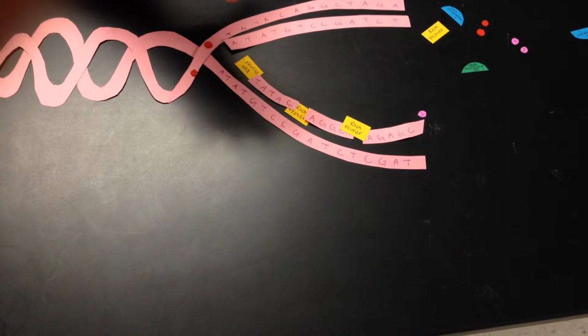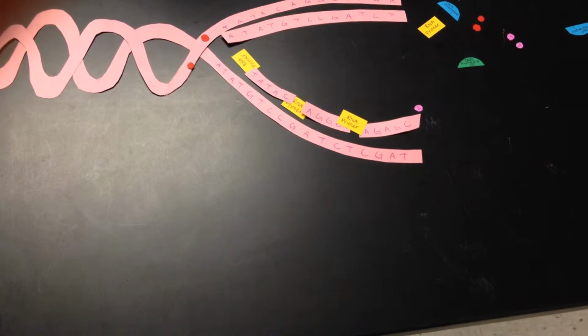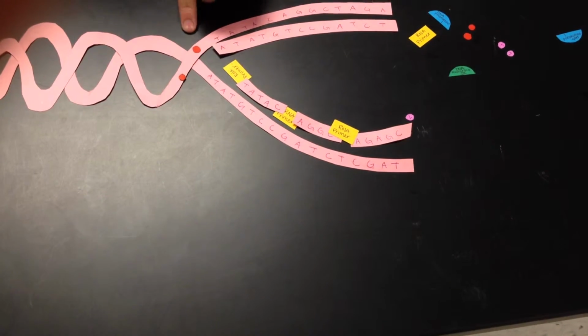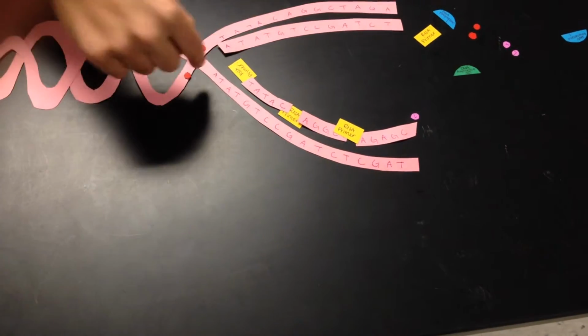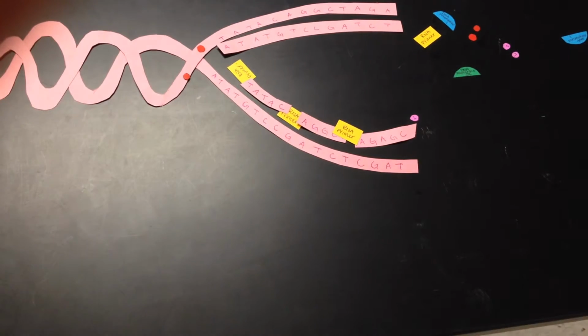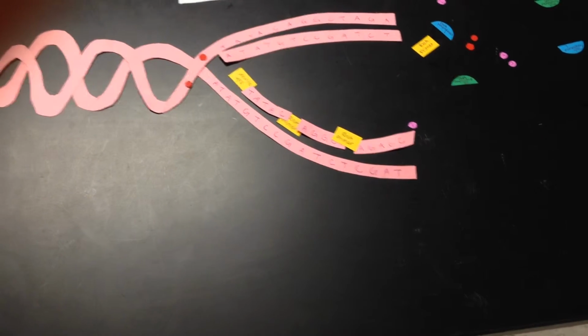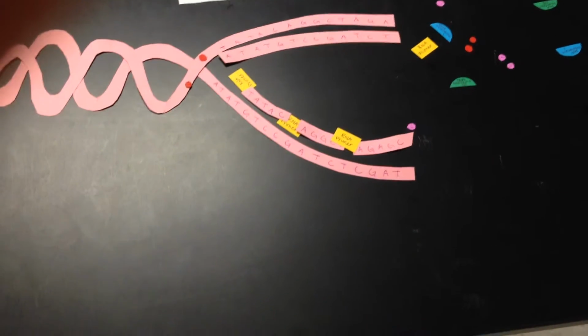And the correct term for the 5 prime section to the 3 prime section, and this going the opposite direction, is anti-parallel: they go in opposite 5 to 3 prime ways.